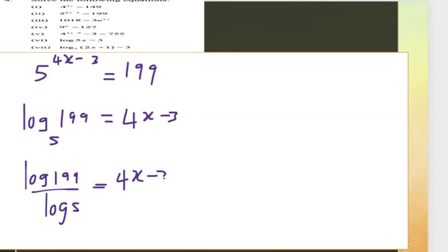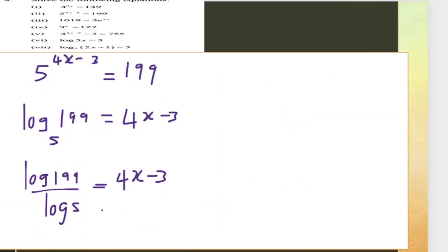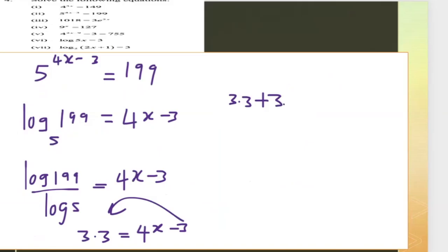And if you look back on my slide, the previous slide, you'll see we have the same thing here. Log 199 divided by log 5, that gives us 3.3. So it'd have 3.3 equal 4x minus 3. And then carrying over the 3 to give plus. So 3.3 plus 3 equal 4x. So that means 4x equals 6.3.